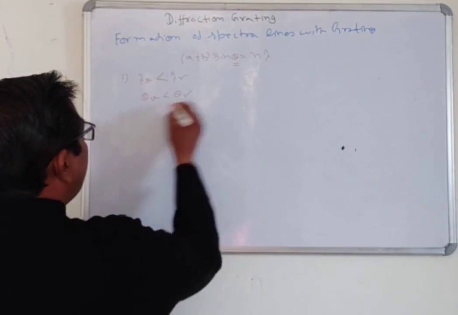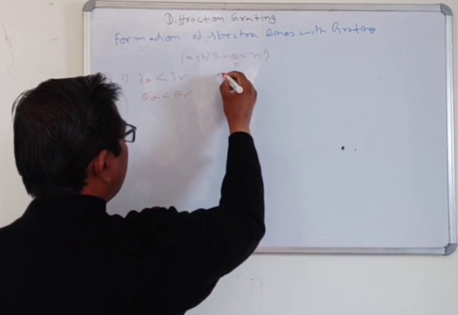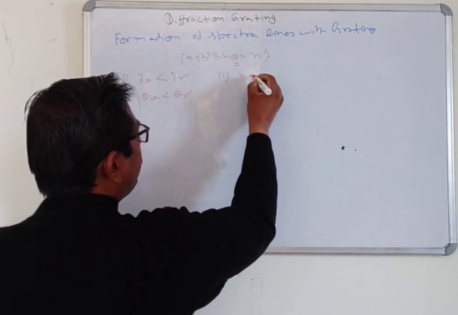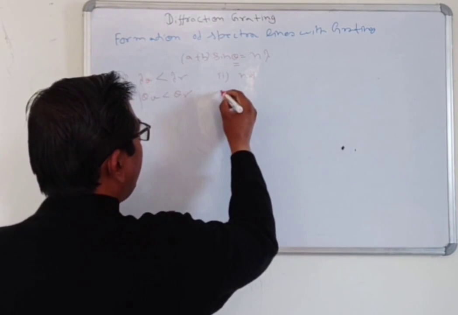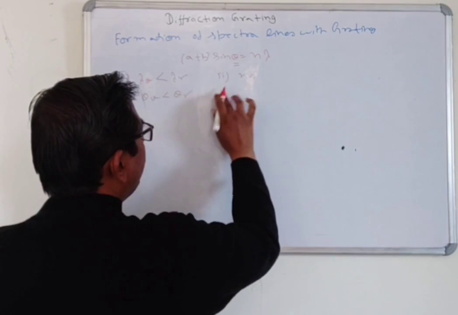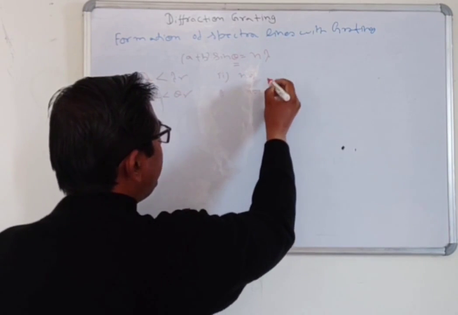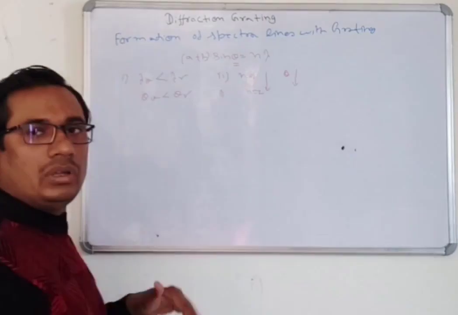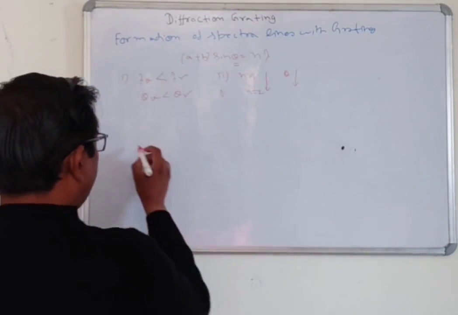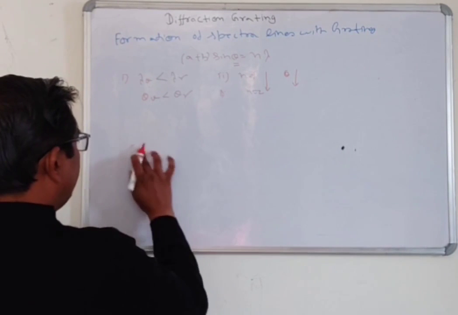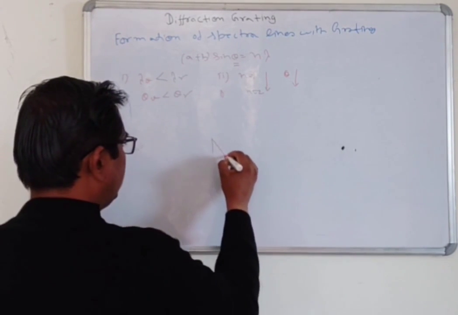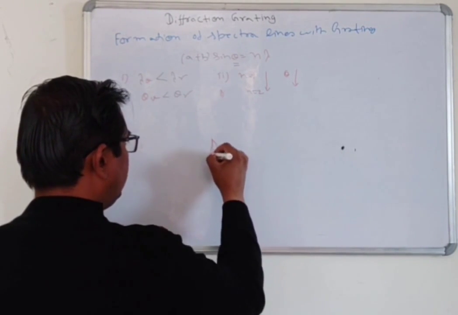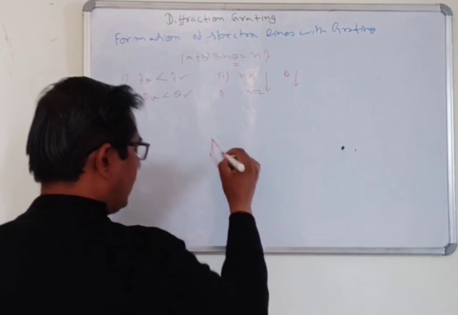And also the number of the order. N is 1 and n is equal to 2. It means that when the order increases, the angle will also increase. Suppose that here we have a grating, like that.